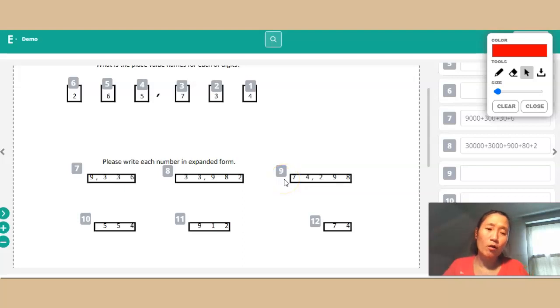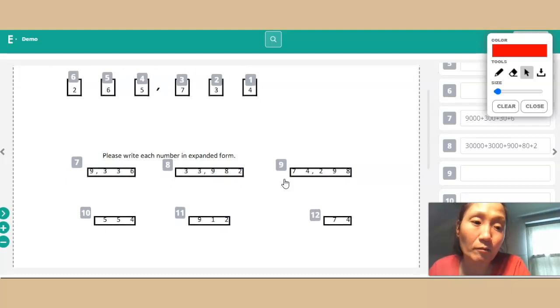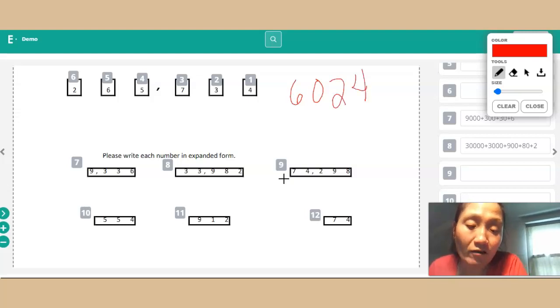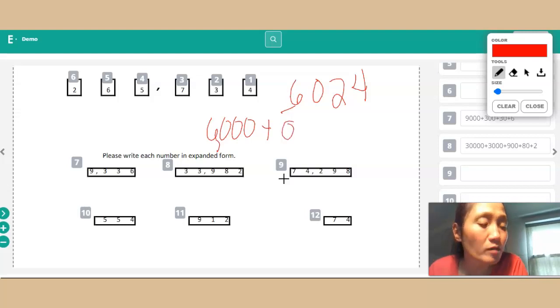Now, let's look at a problem. Say if I gave you a problem where the standard form was 6,024. The expanded form for that would be, I have 6 groups of 1,000, so 6,000, plus I have 0 groups of 100, I have nothing.